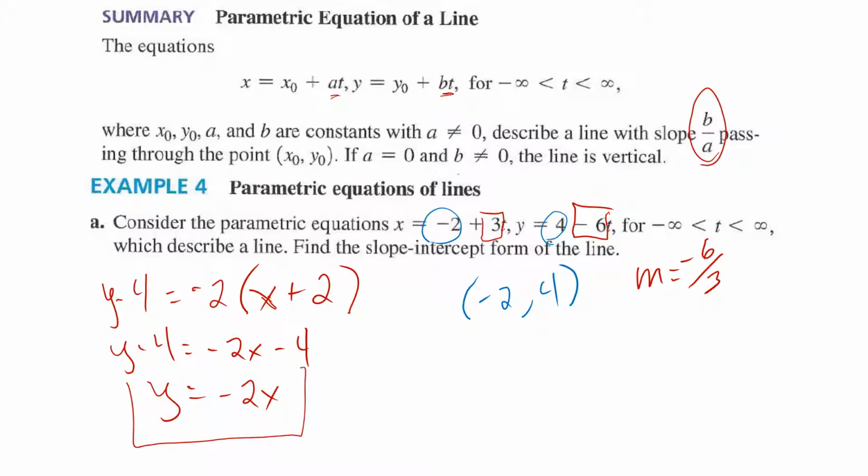So this is the equation, y equals -2x. It goes through the origin. So being that it goes through the origin, we could have written the parametric equation as x equals 3t, y equals -6t, because it goes through the point 0, 0. But it was having us find the slope-intercept form of the line.